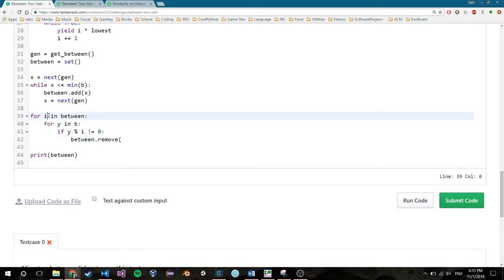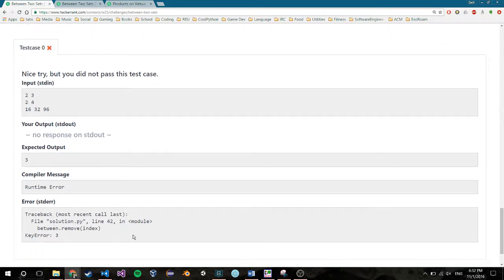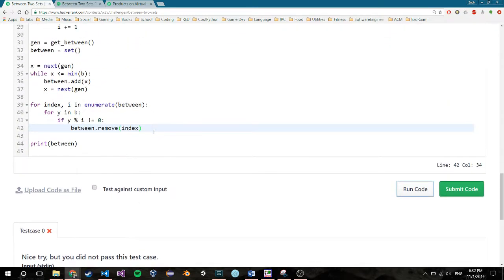I can always do this. Probably not. No. Wait, what does remove do then?